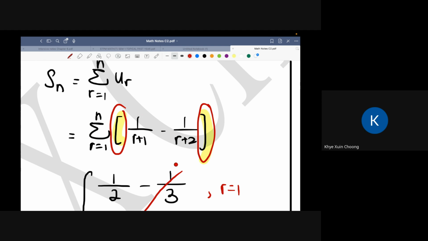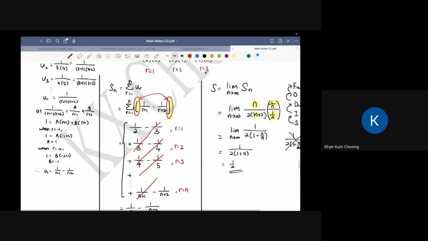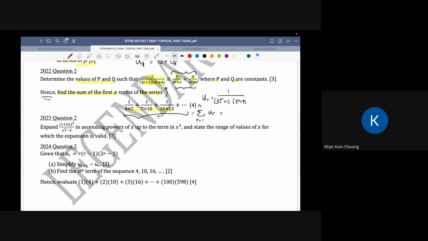Even if you know what you are doing, if you don't write the bracket around the two things, you are doing it wrongly. The marker can deduct marks over here. So you must remember to put the bracket over the whole sum. If you don't, it assumes you are summing only this one and this one is not being summed.